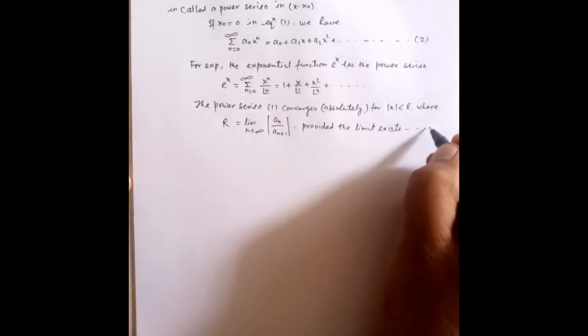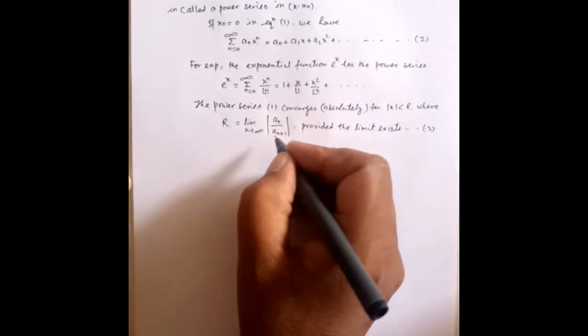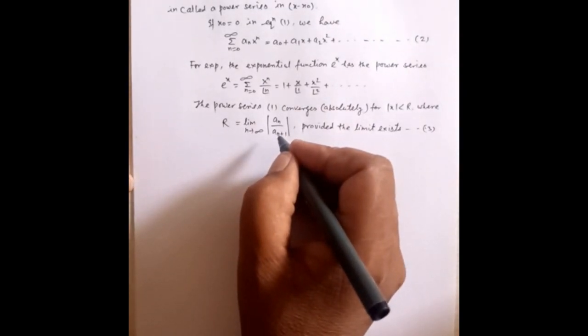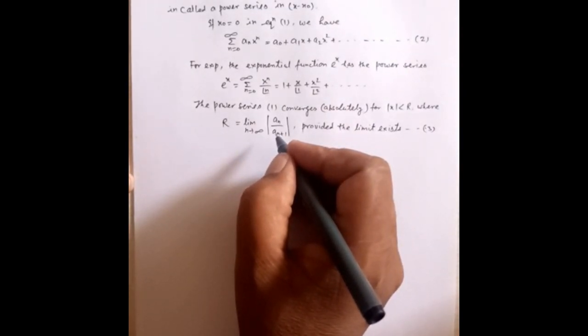Say this is equation number 3. R is said to be the radius of convergence of the power series 1.